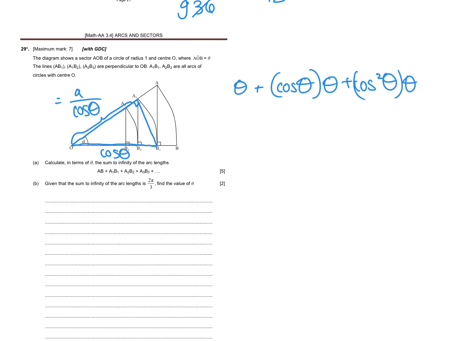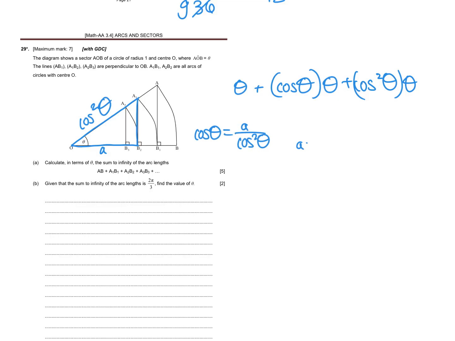All right. So I think you can see, if we did one more, we just found out that this one was cosine squared theta. So if we want this, cosine theta is the adjacent over the hypotenuse. So the radius is cosine cubed theta.